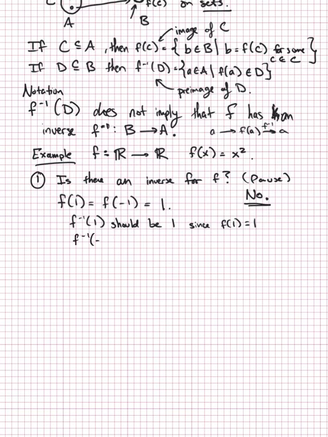But it also should be minus 1, since f of minus 1 is 1, and therefore minus 1 should get sent to 1, and then the inverse should send it back to minus 1. But now we have two choices. I mean, it has to get sent to two different things, which means it's not a function. Okay? So f inverse is not a function.